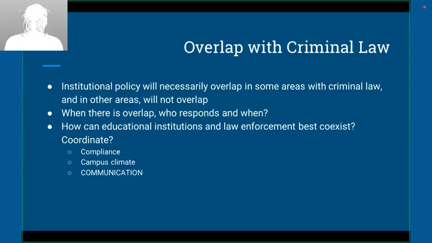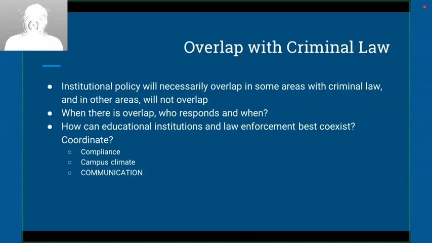And finally, and this is more of a logistical answer to the question of how we coexist and coordinate, I want to emphasize this repeatedly today. Hopefully not too much in the style of a broken record, but you'll hear me talk a lot about communication, not just with law enforcement, but with various offices across a campus.